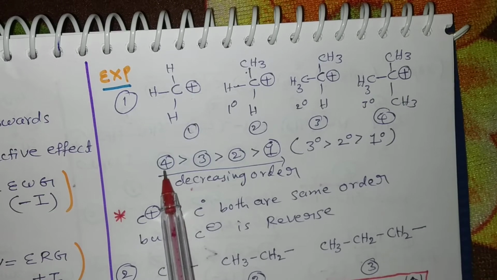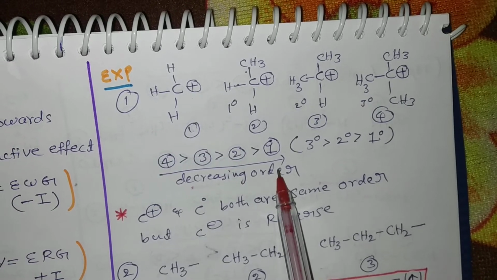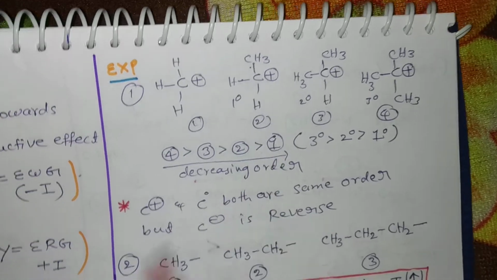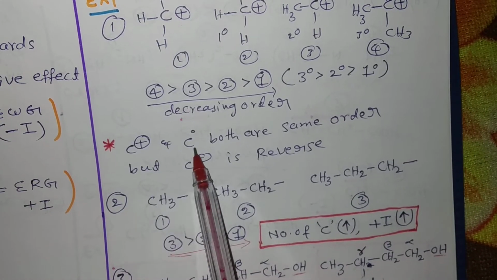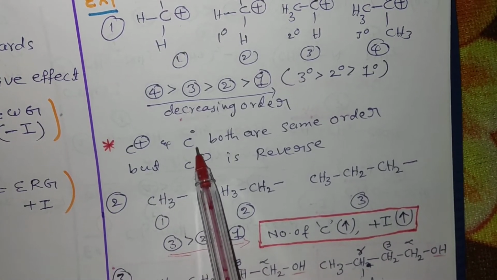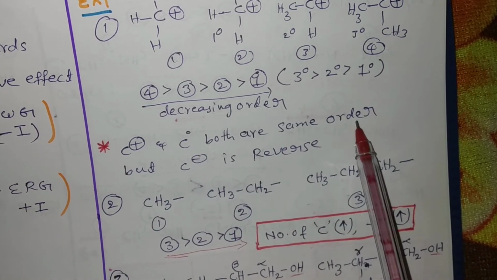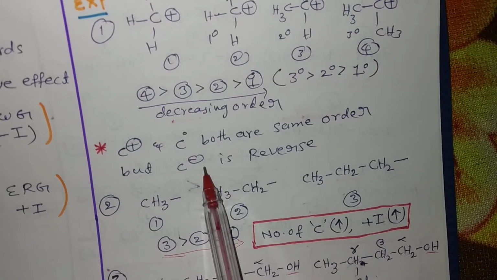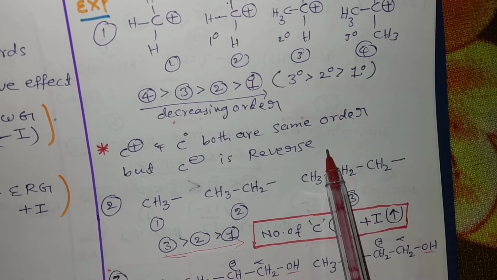So this is the decreasing order, 4, 3, 2, 1. Next, carbocation and carbon free radical both follow the same order, but carbanion is in reverse order.